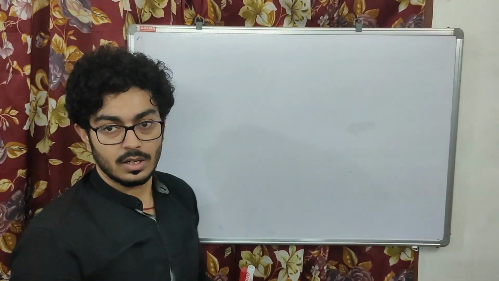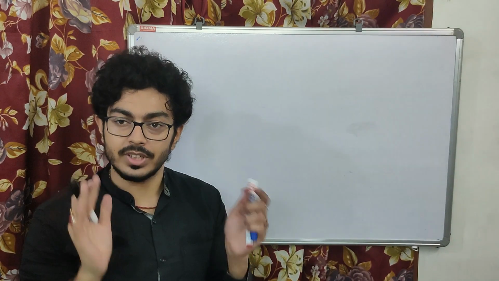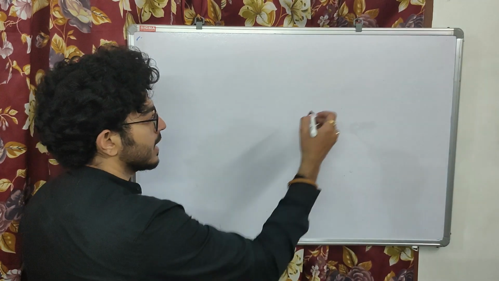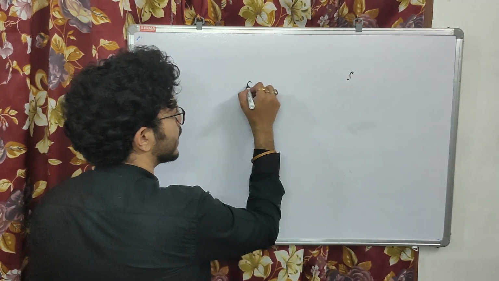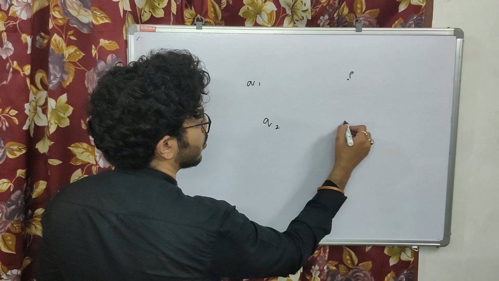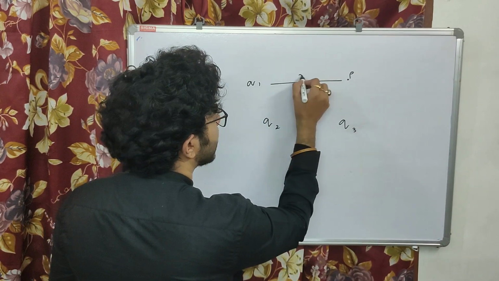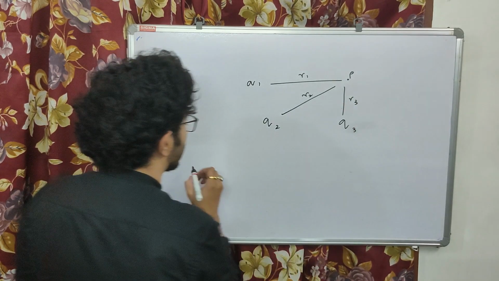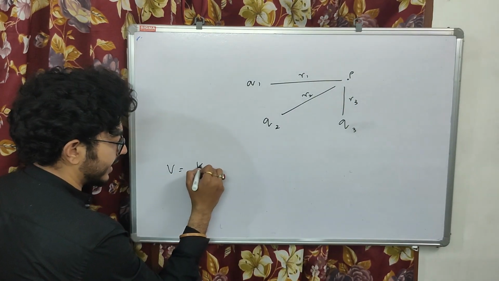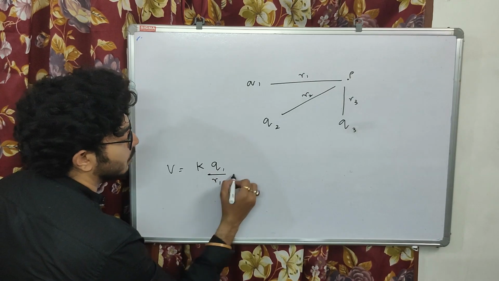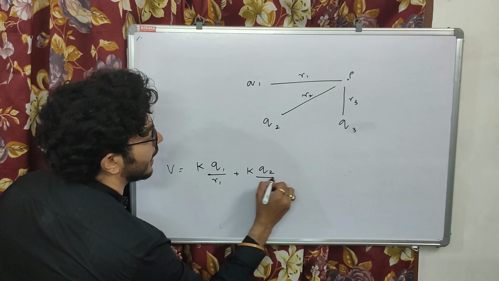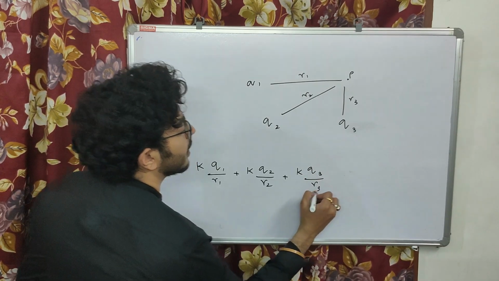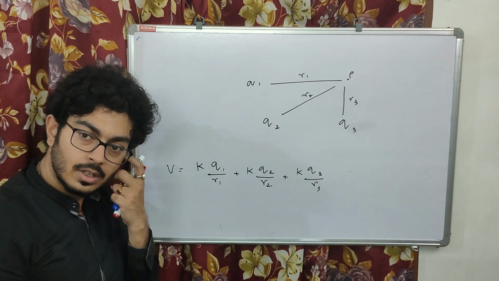The total potential at a point due to different charges can be written as the algebraic sum. Algebraic sum means, suppose this is point P, here is Q1, here is Q2, here is Q3, at distances R1, R2, R3. Therefore the total potential can be written as KQ1 by R1 plus KQ2 by R2 plus KQ3 by R3. We can write it like this.